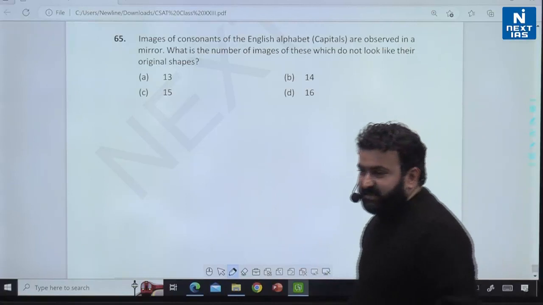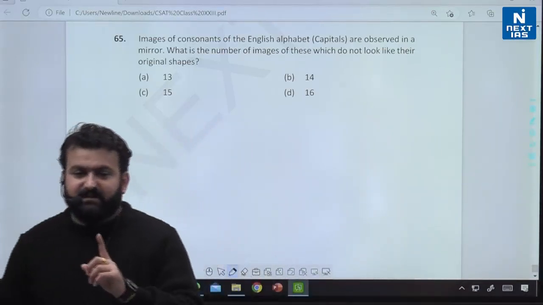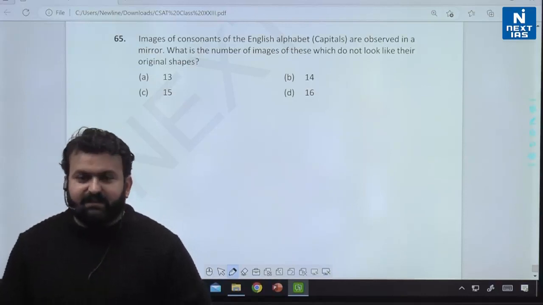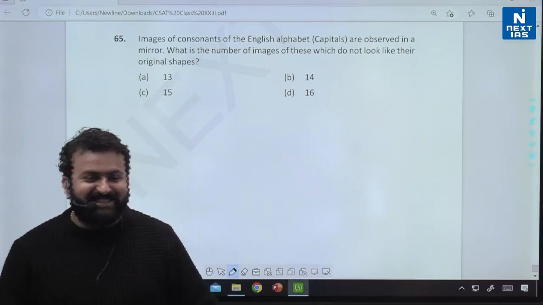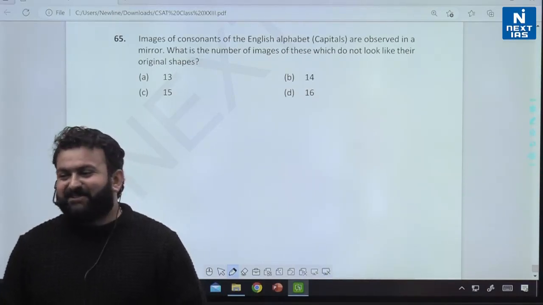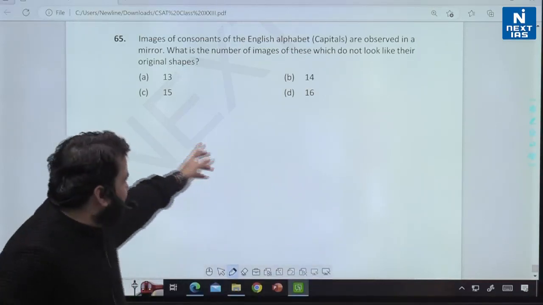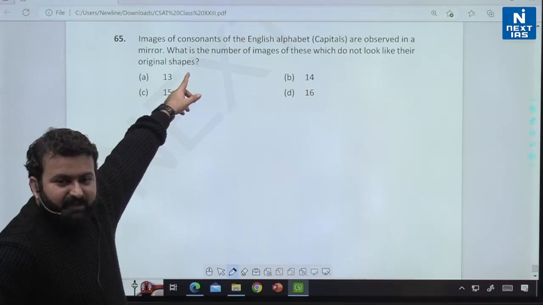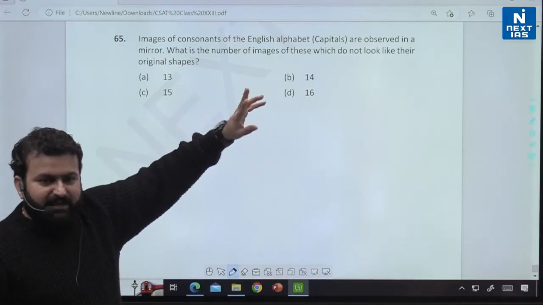Now one thing to remember: before the exam, all of you must look at ABCD, both small and caps, because every year UPSC is asking the question. You have seen the last question: ABCD, J U L Y, July also.